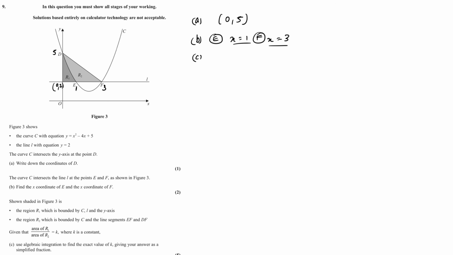I can find the area under this, and then I can take away this area, this square, or I can just do it in one go. So I'll just rub that out, but yeah, I can just do it in one go. So what I'm going to do is integrate between 1 and 0. And it's this equation, so x squared minus 4x plus 5 minus y equals 2, so it's 2.